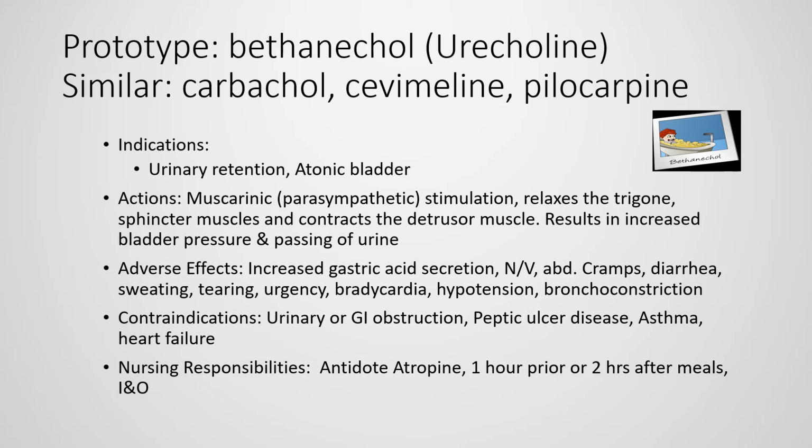Well, you can give an anticholinergic, a drug that will block the receptors from bethanechol affecting them, and that prototype drug is atropine. Okay, so atropine will block the receptors, and bethanechol won't be able to stimulate them as much.